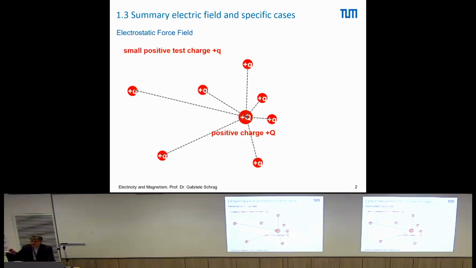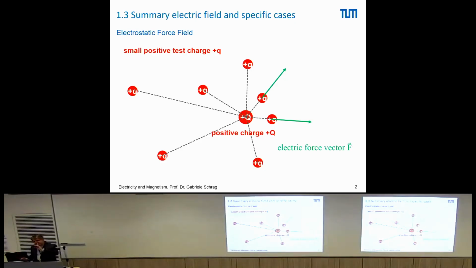You have to think the test charge itself also causes some force field, but because it's very minor, the force field will be dominated by this large Q in the center. As long as you have a single one, it does not make too much difference, but we will have other scenarios.